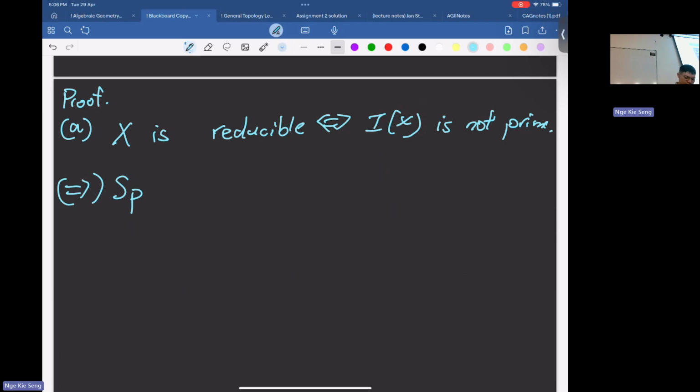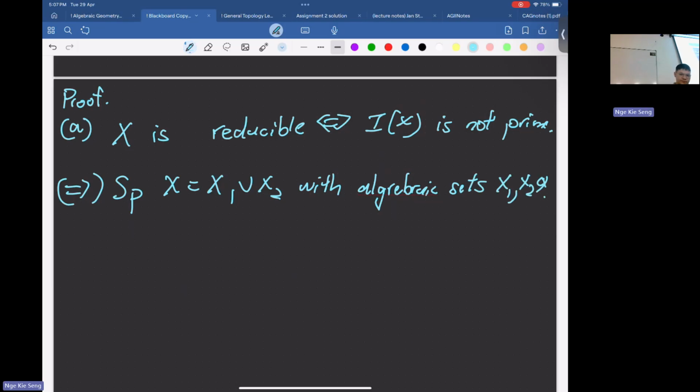If we do left to right, then suppose you can split your X up with algebraic subsets X1, X2. Then in this case, what do you have? You have two proper subsets, right?